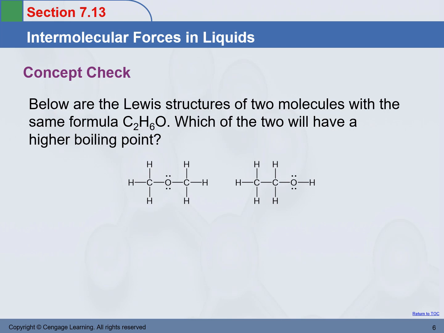It is asking you which one will have stronger intermolecular forces. Well, in the second molecule, clearly you see a hydrogen bonded to oxygen. So you know between these molecules, they will have hydrogen bonds, which is the strongest intermolecular force. Therefore, higher boiling point.